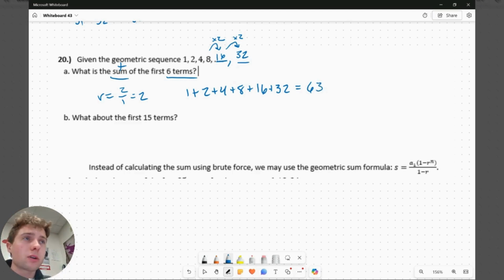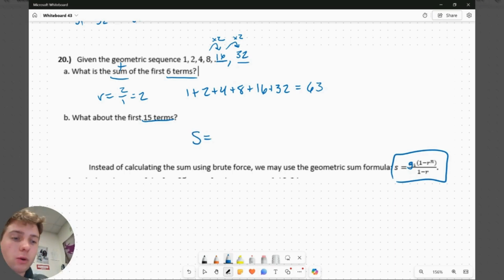This process, though, can get pretty extensive, because what if I needed to find the first 15 terms? I would still have to find another 9 terms, then add them. That doesn't seem very efficient. So instead, there is a formula that you can use. The sum formula here says, okay, take the first term, G sub 1. This is 1 in our case.